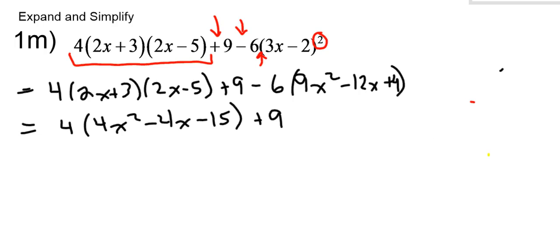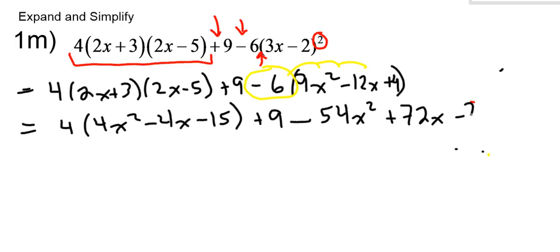I did something different in a different question, but of course there's options. I'm going to treat this as negative 6 and multiply into the bracket. So what does that give me? Negative 54x squared, positive 72x, and negative 24. So again, negative 6 times 9, negative 6 times negative 12, negative 6 times 4.